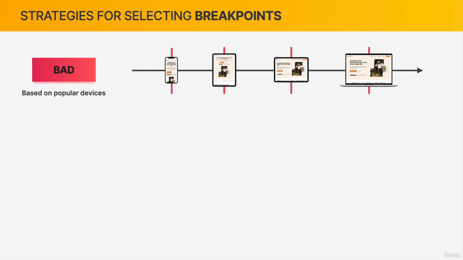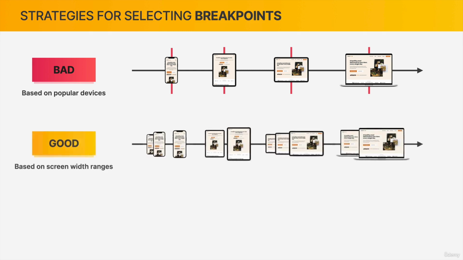Because if tomorrow Apple releases a new phone with new dimensions, do you really want to go back and change all your media queries in all the projects that you have ever built? Well, I don't think so, right? And so that's why we call this the bad strategy, and therefore we need another one. So the next strategy is what I call the good strategy.